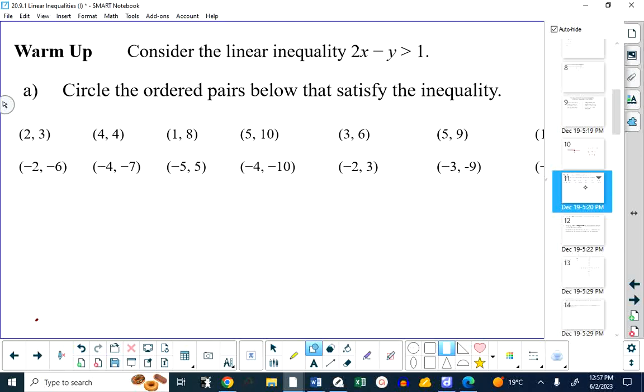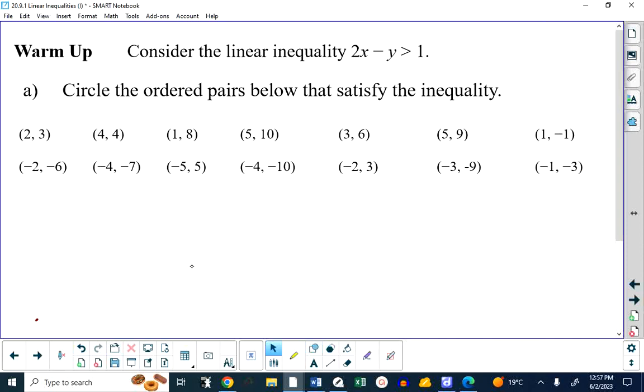Your job right now is to find out which ordered pairs in this list make the inequality true. So for example, if I put 2 in for x and 3 in for y, what I would get is 2 times x, which is 2, minus y, which is 3, and I'm finding out whether I get a number that's greater than 1.